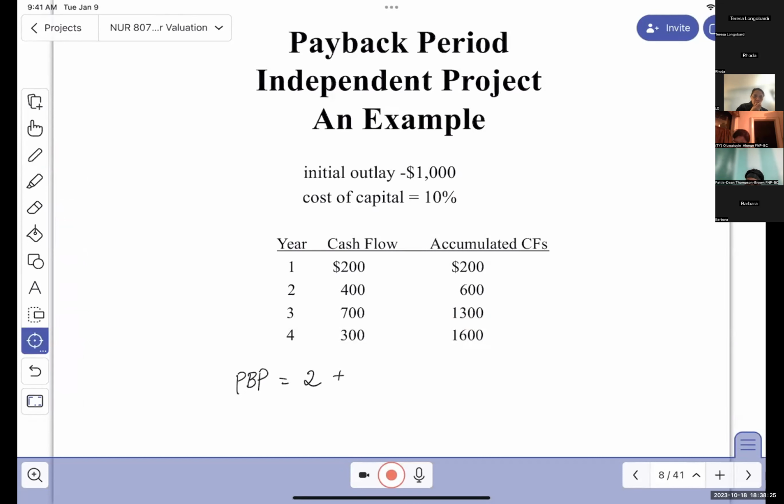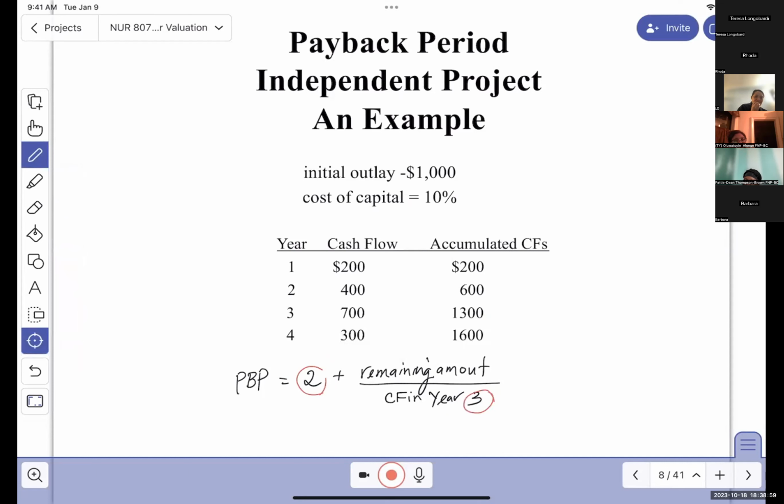To figure out at what point it pays back, we take the remaining amount and divide it by the cash flow in the third year. I'm doing this specific to this problem to make it easy. If it was a different year, you would use different numbers. So this is specific to this project, where I put a 2 here and a 3 here.